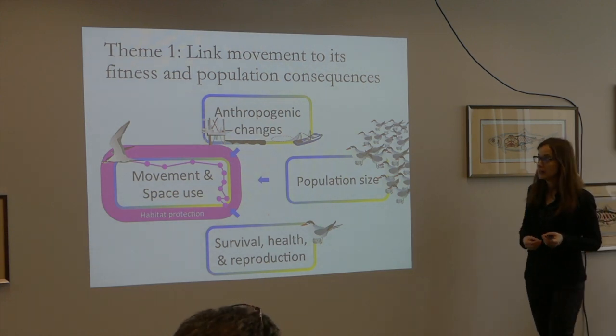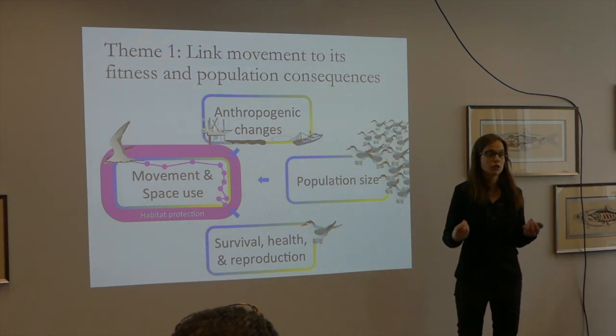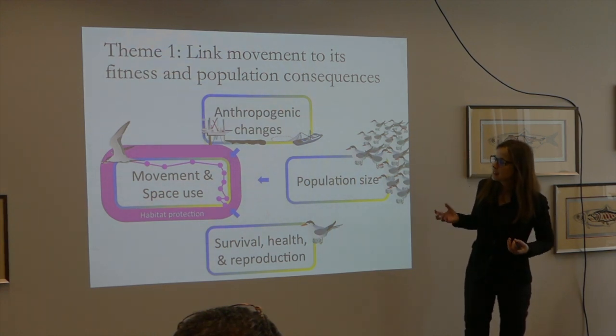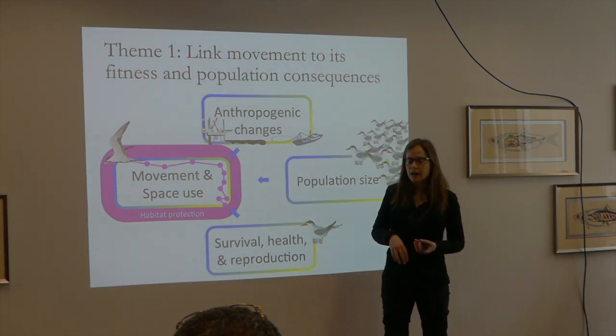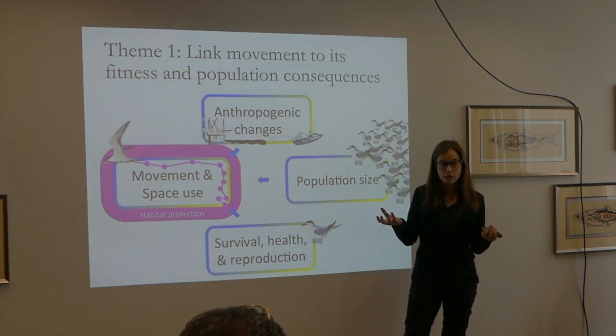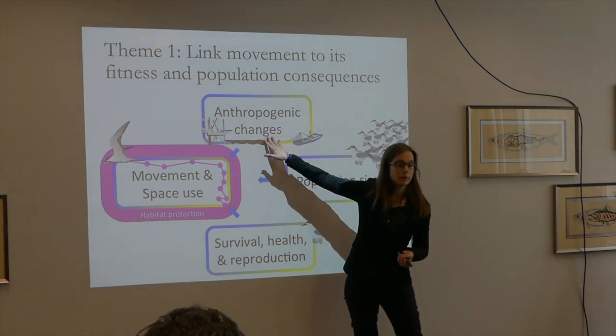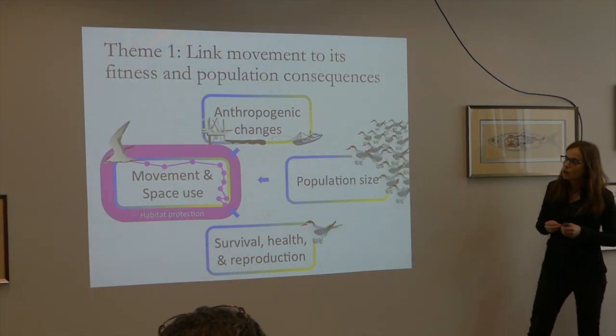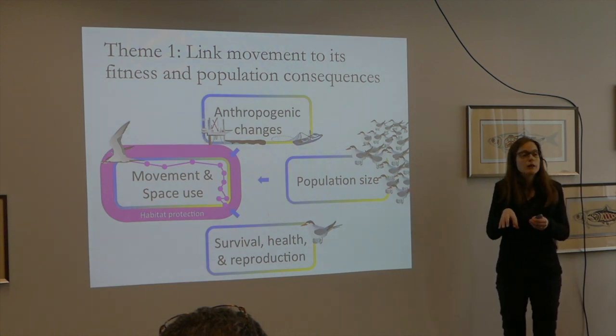The first one is to link movement to its population and fitness consequences. The idea is to develop movement models that explain the movement of the animal based on environmental covariates, including human activities. But the key aspect that makes this work novel is that we will also link the movement to fitness proxies and population level data.